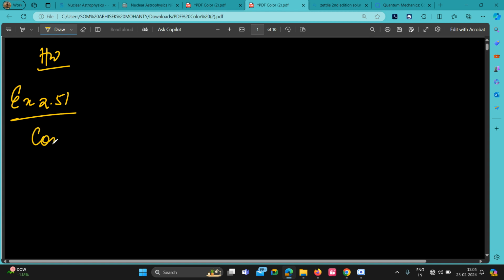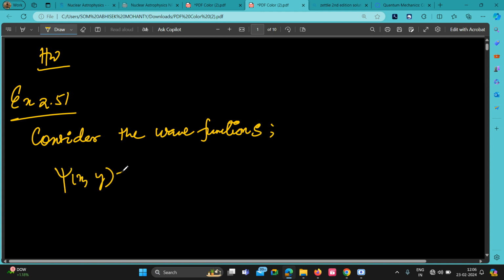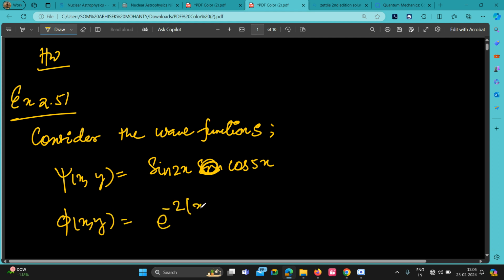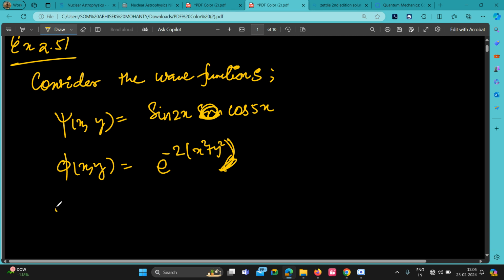Now consider the wave functions: psi of x, y is equal to sin 2x cos 5x, phi of x, y is equal to e to the power minus 2 times (x square plus y square), then chi of x, y is equal to e to the minus i (x plus y).